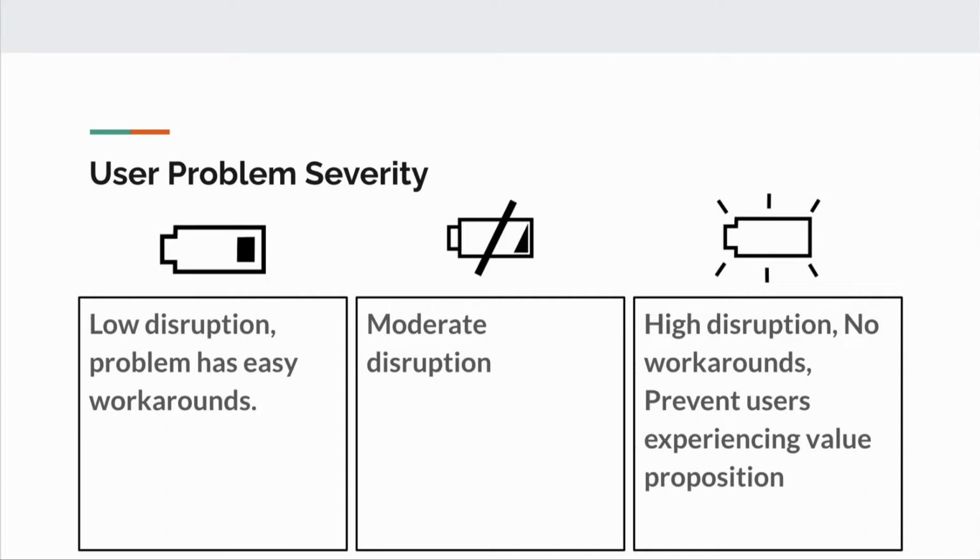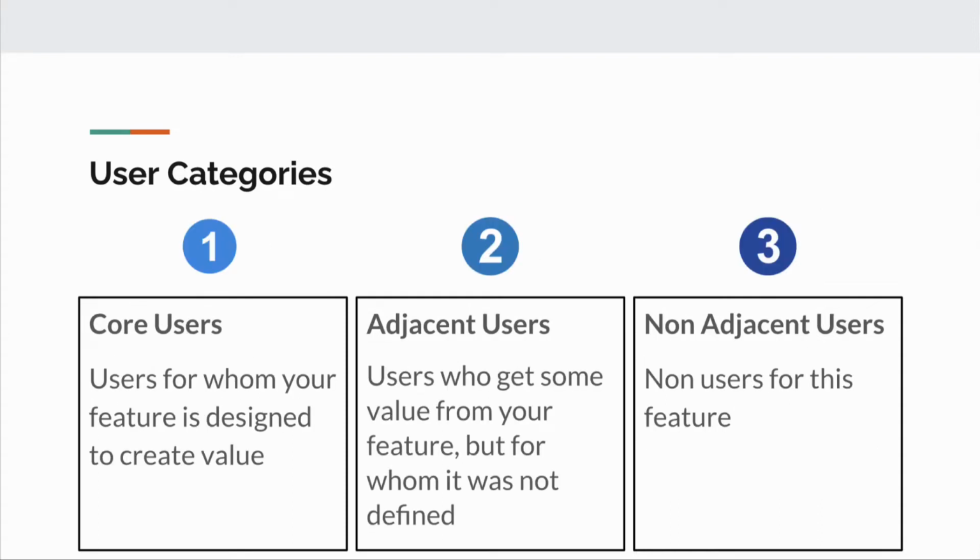The second one is moderate disruption: here the work is tough, so we need to work hard or spend more resources to get it done. And the third one is high disruption: no workarounds, preventing users from experiencing the value proposition. So we have to work on it that way.